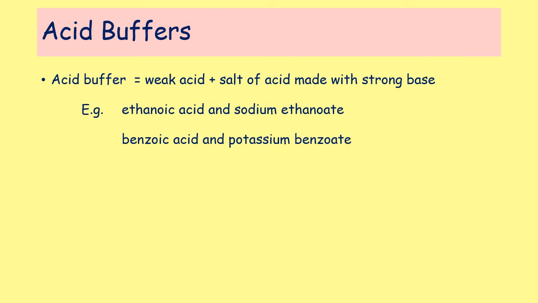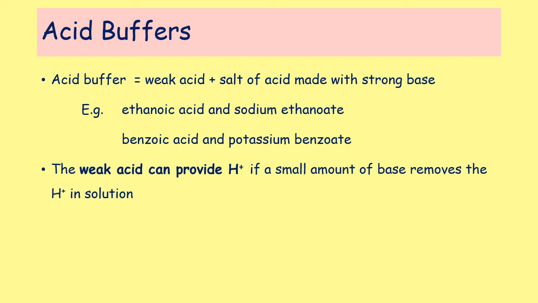So for example, ethanoic acid and sodium ethanoate, or benzoic acid and potassium benzoate. So ethanoic acid is the acid, and sodium ethanoate is a salt made from ethanoic acid and sodium hydroxide, a strong base. Benzoic acid is an acid. Potassium benzoate contains benzoate, so it's made from the benzoic acid. Potassium part has come from potassium hydroxide, a strong base.